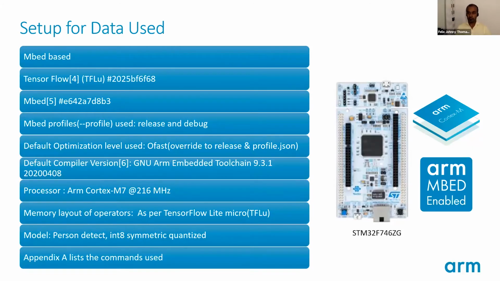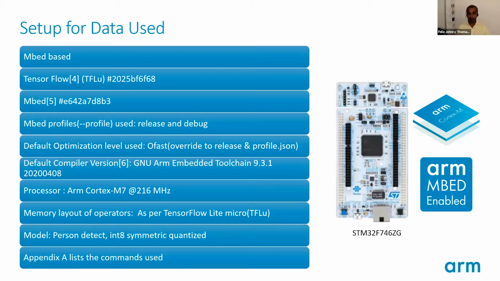I've used the person detect model here as an example to go through the different optimizations. And these are the different parameters that I've used. I've used this board, which is this ST Nucleo board, an Arm Mbed enabled one.